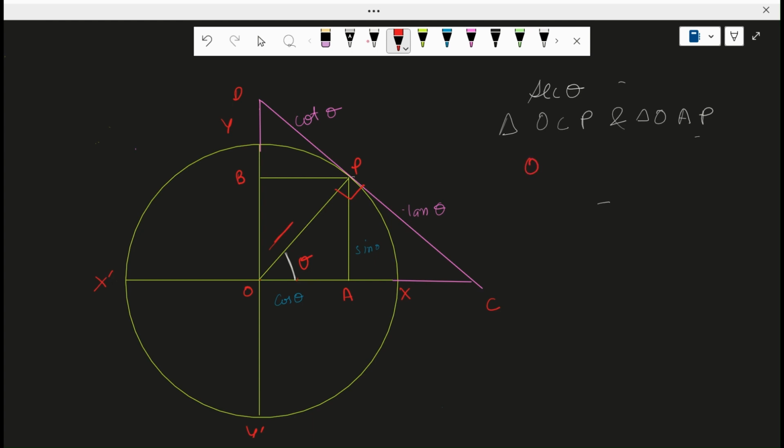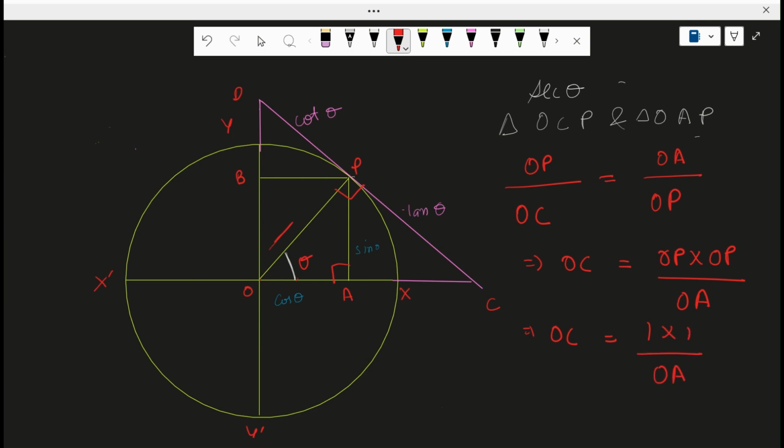We have OP is equal to OC, and in triangle OAP we have theta being the same. We have 90° here, so our base will be OA, and our hypotenuse will be OP. OC is equal to OP into OP upon OA. OC is equal to 1 into 1 upon OA.